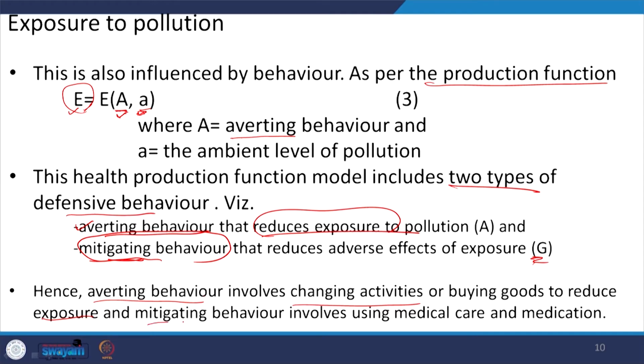And what is mitigating behavior? It involves some kind of medical care or medications, consulting doctors in order to reduce the adverse effects of the exposure. So, this is how it talks about these two things.